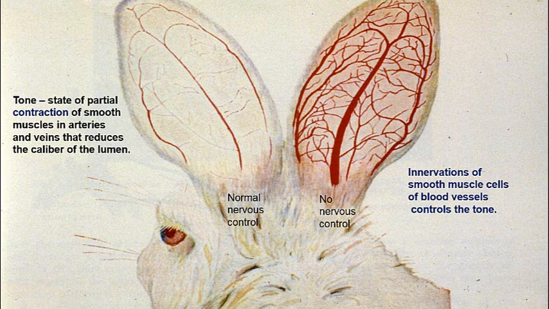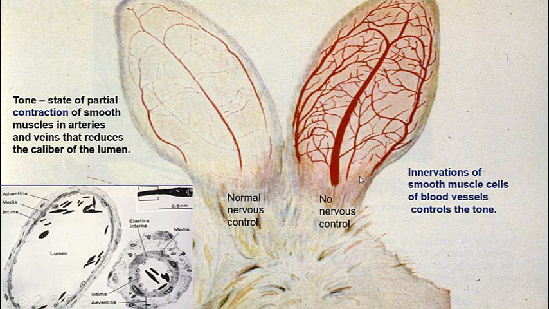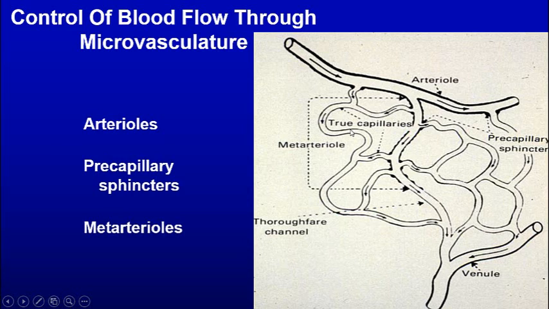And here you can see how much blood would be in the ear if it wasn't for the tone, or the partial contraction. So this is typical of what we have to regulate partial contraction, and this is what it would be if it was totally dilated.